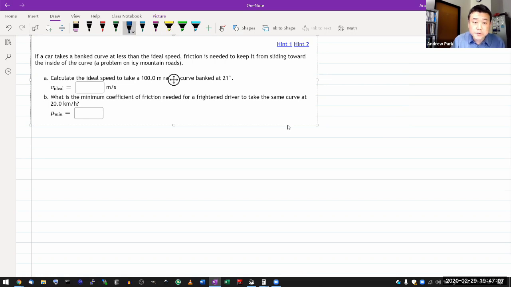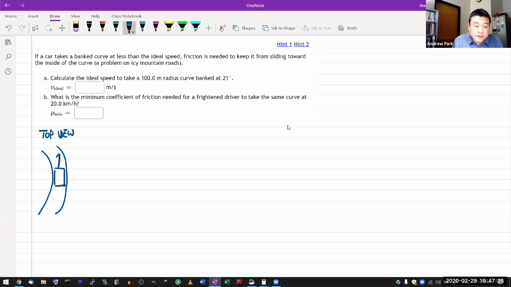So this is one of those where to represent the full set of information, you really need two views. You need a top view, which will show you the curvature of the road and kind of how the car is moving. If it looks like I'm basically drawing the same picture that I drew for the train, yeah, it kind of is. But the rear view will now look more interesting because I now have to draw the banked curve.